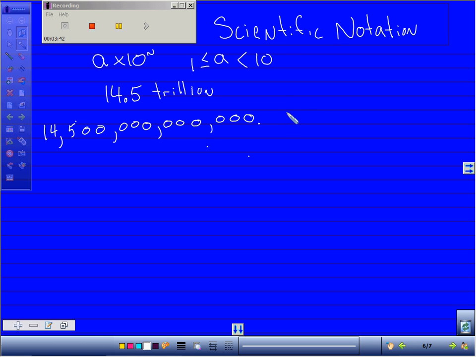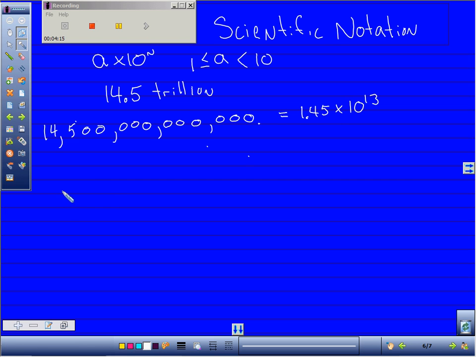So I could write this number in scientific notation as 1.45 times 10 to the 13th power. Okay? And that's writing that number in scientific notation. So we just talked about the national debt, and Freddie told us that it's $14.5 trillion. We wrote out what 14.5 trillion is, and then we wrote that number in scientific notation.